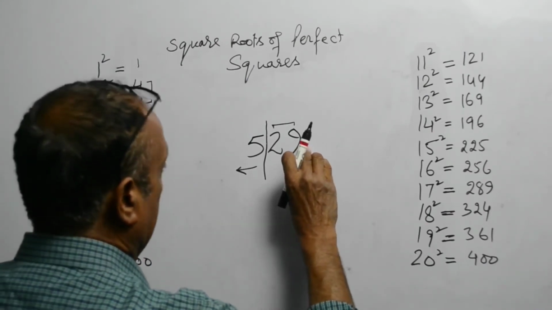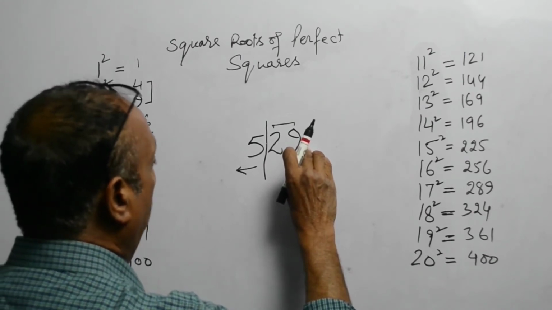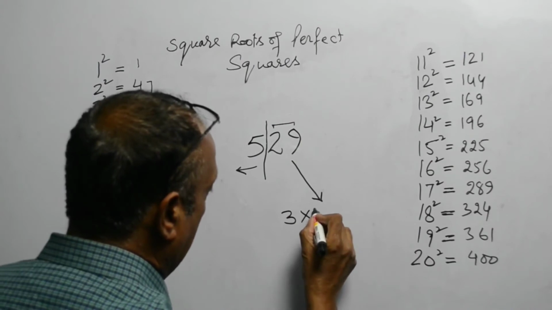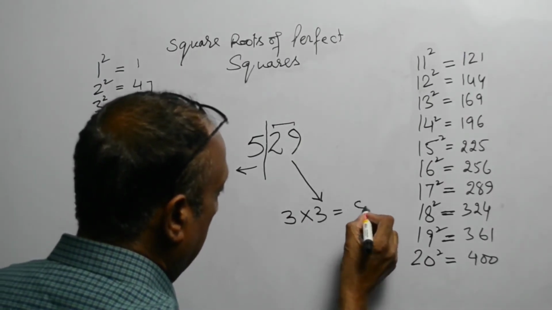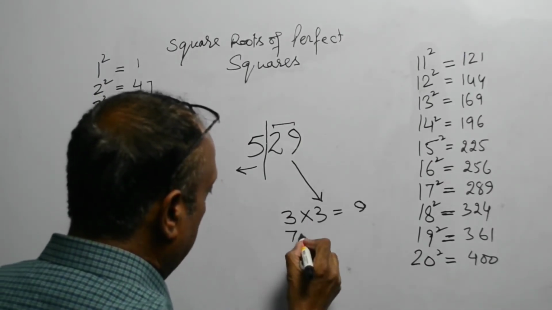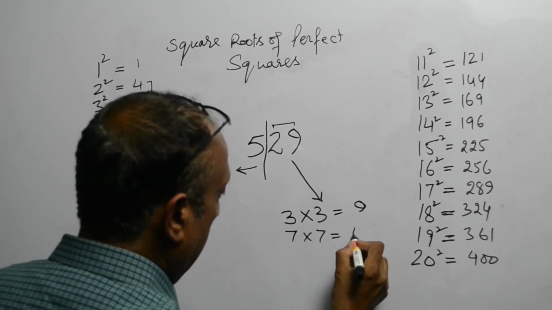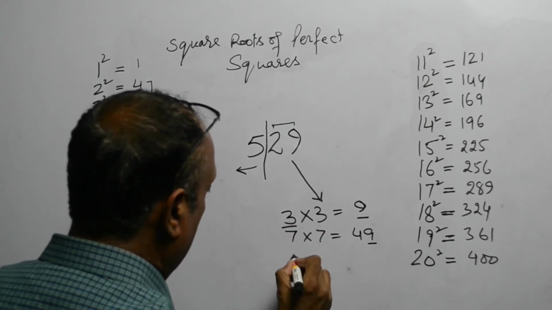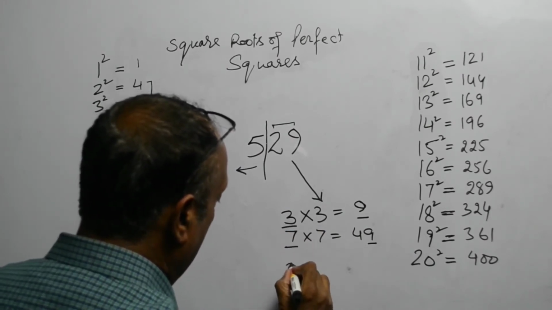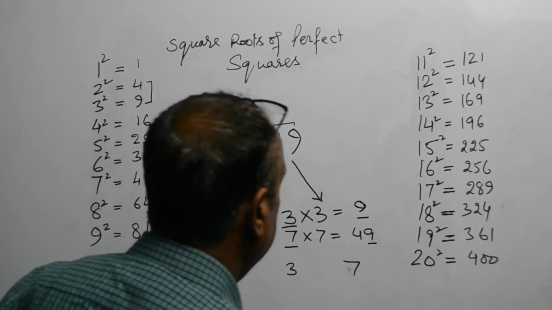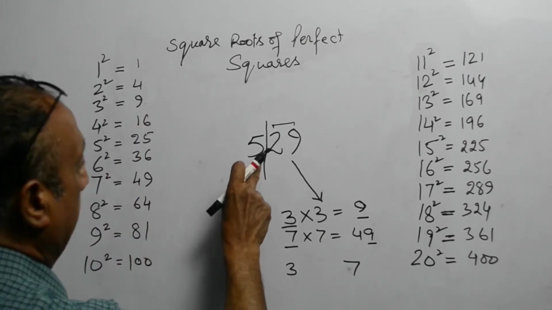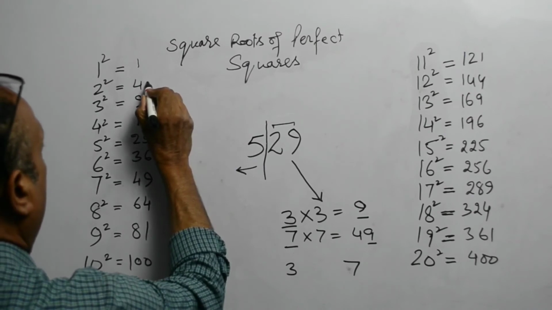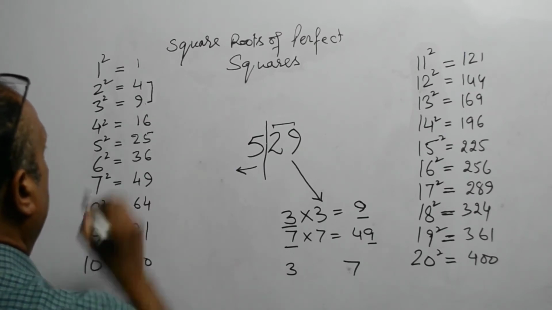To get a 9 as the last digit of any number, we will have to multiply either 3 by 3 or 7 by 7. So the last digit of the square root will be either 3 or 7. Now on the left hand side we have 5. 5 comes between 4 and 9.